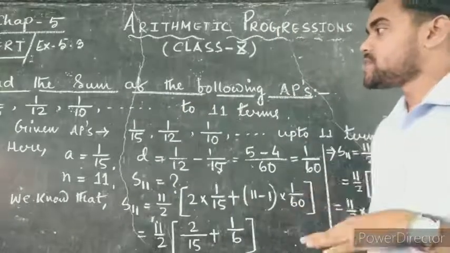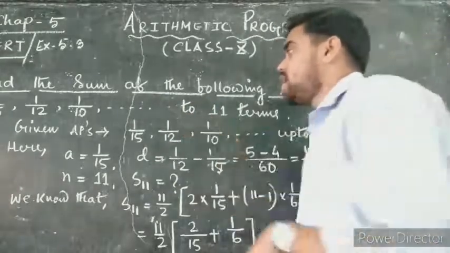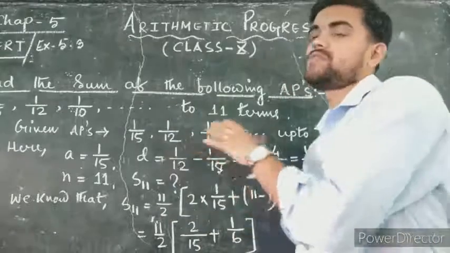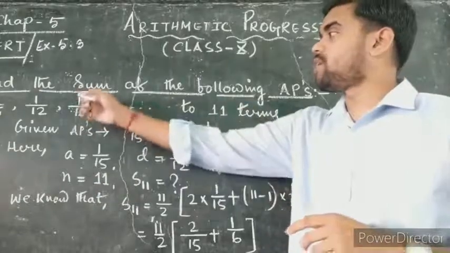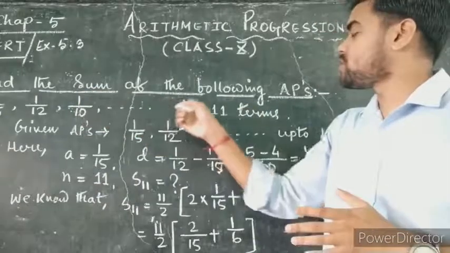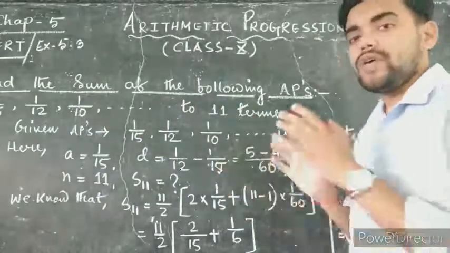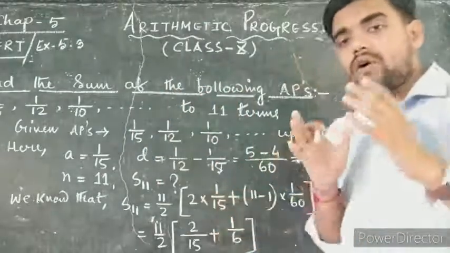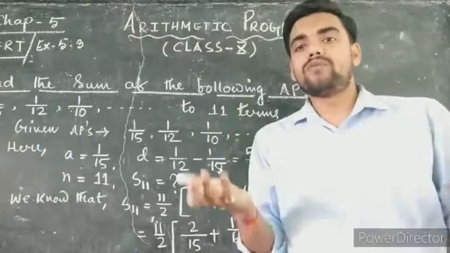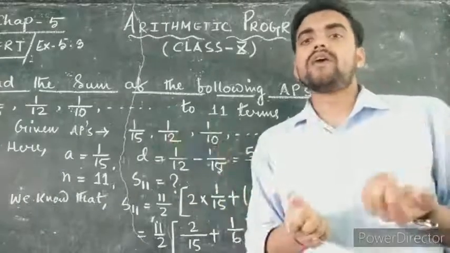In this AP series, fraction terms are given to us. You can see 1 by 15, 1 by 12, 1 by 10, up to 11 terms. So if fraction terms are there in this AP series, do not get confused.